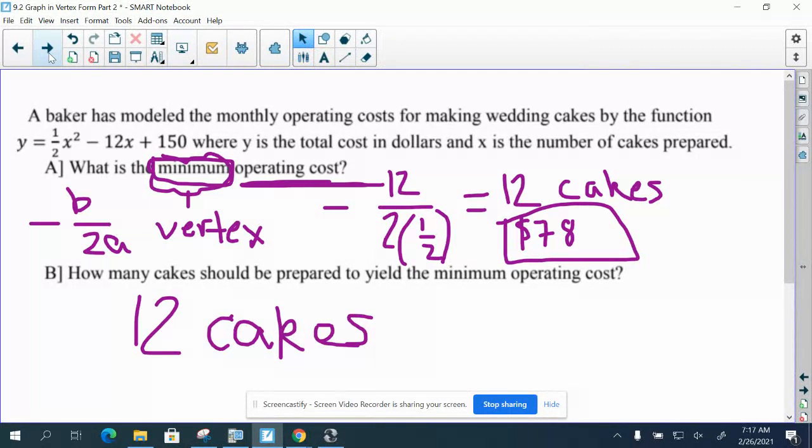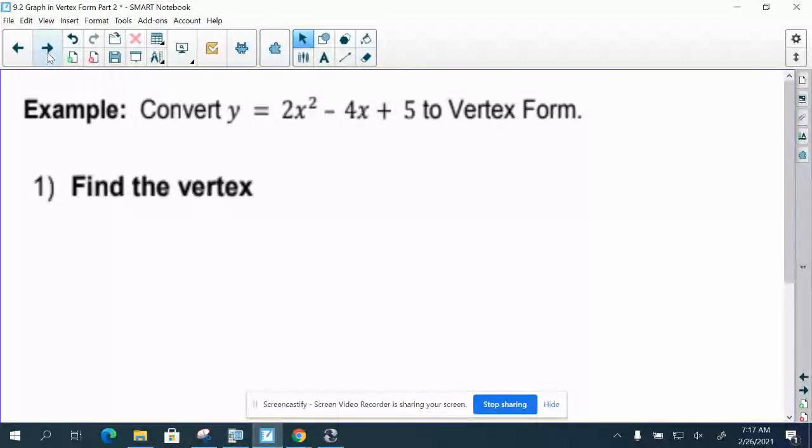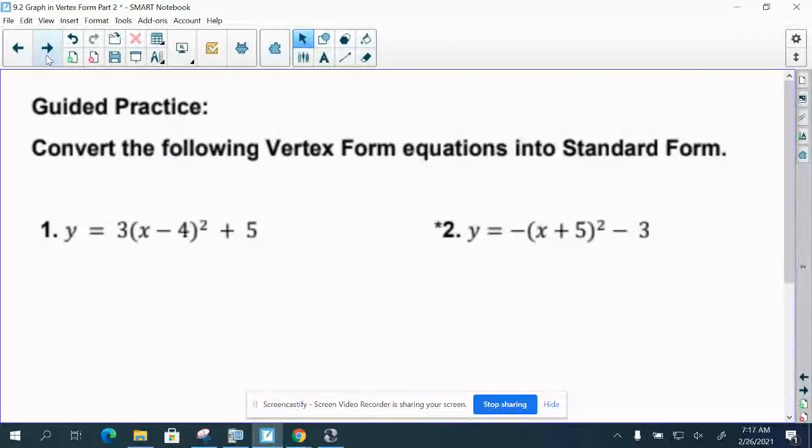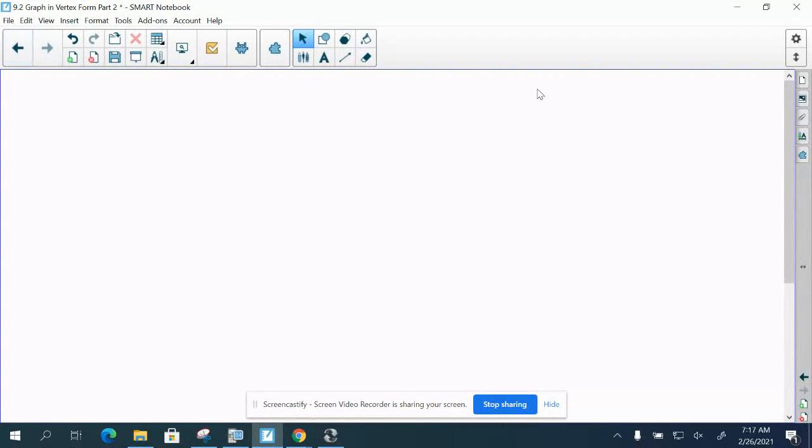All right, so let's do another example. We're going to skip some of this stuff. That's not what I thought I had up here.